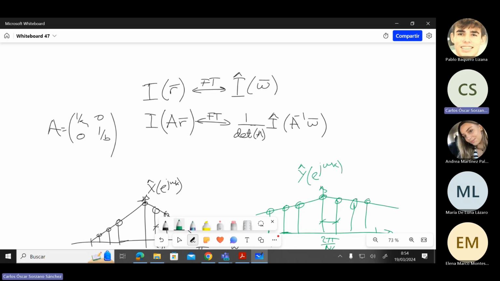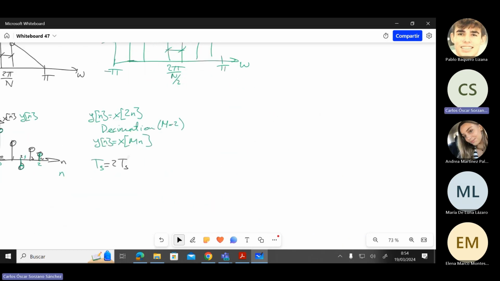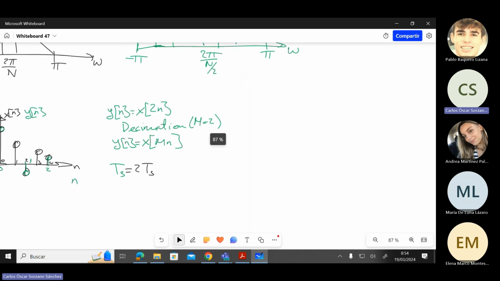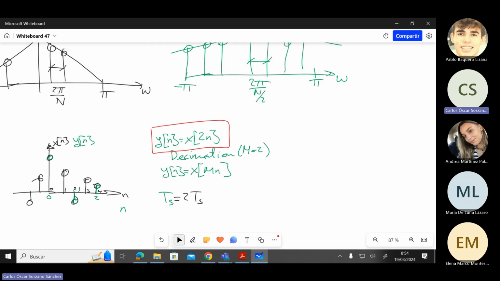But we may look at these things. So you may remember, let's go again with 1D. So let's make the estimation. For the decimation, you may remember this. So what is this expression? How would you say what has happened to y with respect to x? It has compressed. Okay, so originally x had n samples, now it has only n half samples.